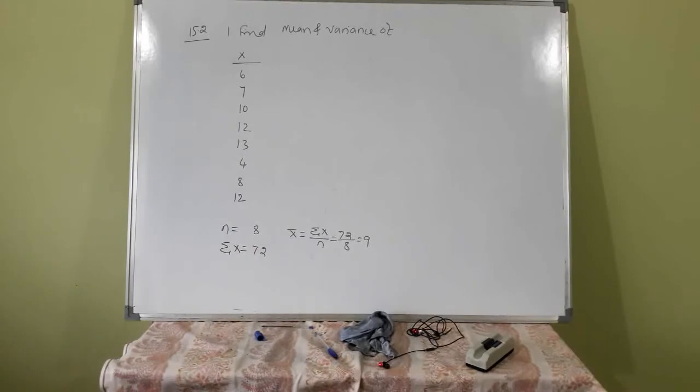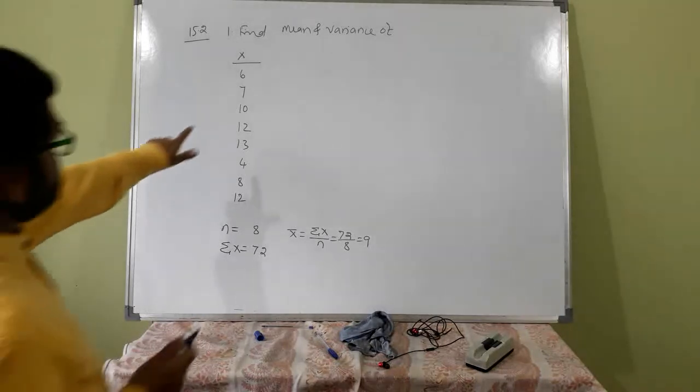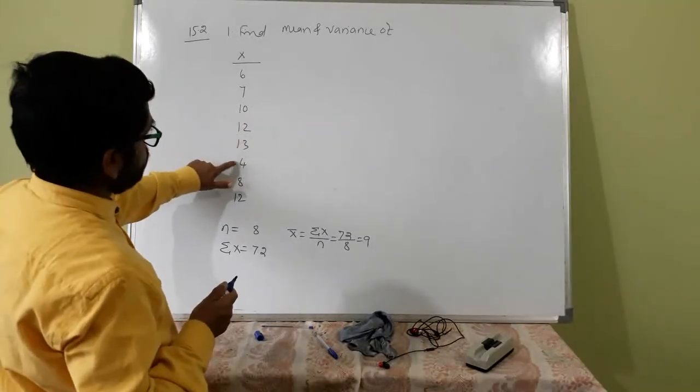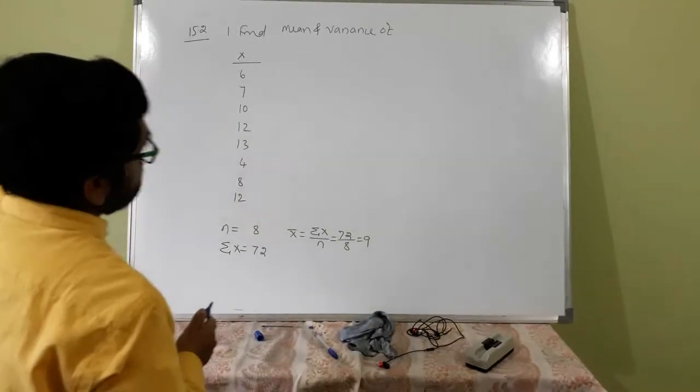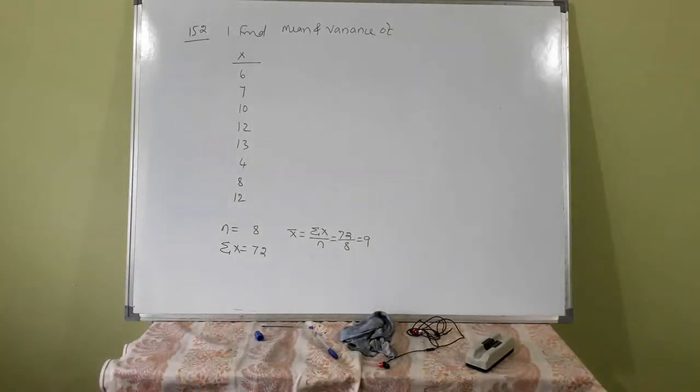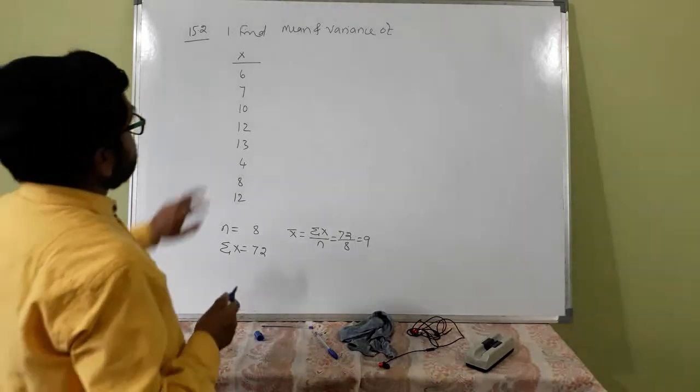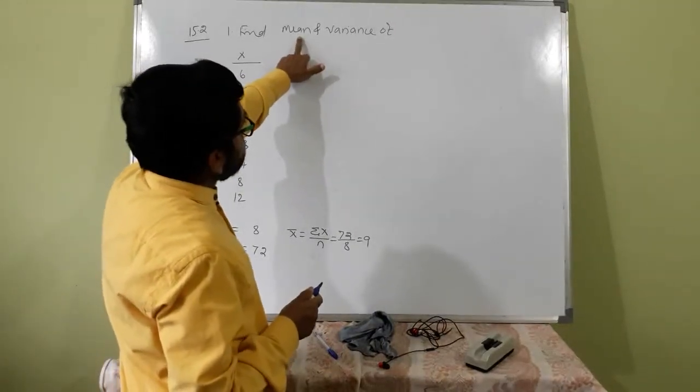See, exercise number 15.2. Find the mean and variance of these values: 6, 7, 10, 12, 13, 4, 8 and 12. This much information is given. Okay. First let us find the mean.